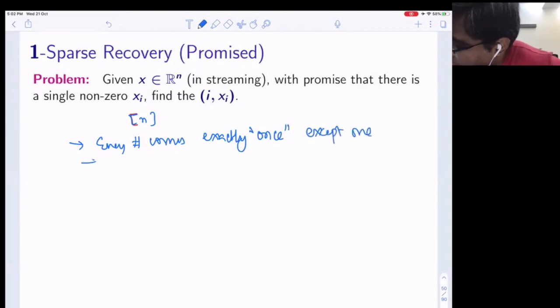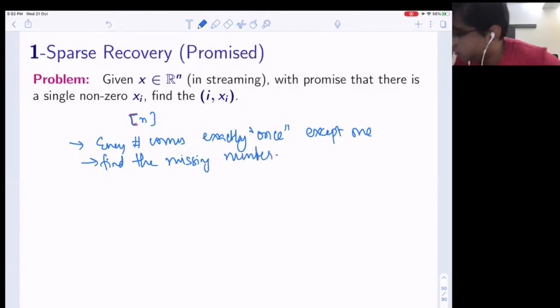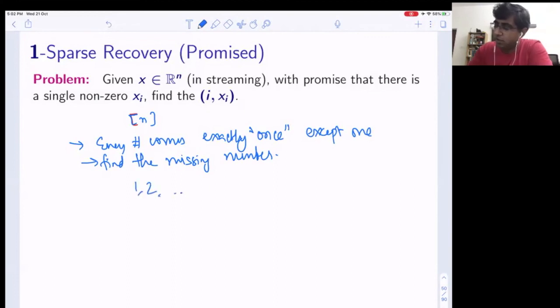Find the missing number. How will you find this in small space? No deletion, nothing for now. Every number is going to come, 1, 2, 3, up to n, except maybe some blank number is not coming. You have to find me the blank number. How will you find this?